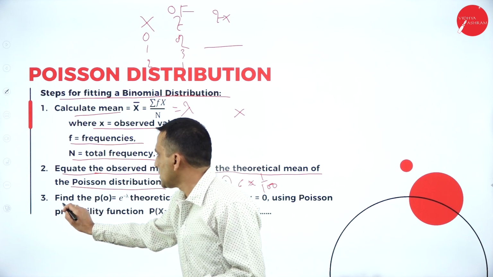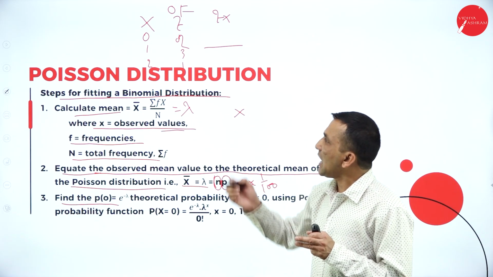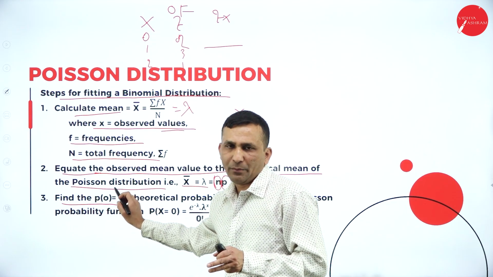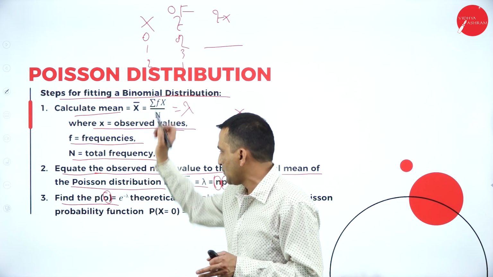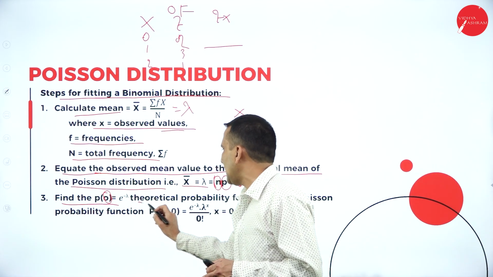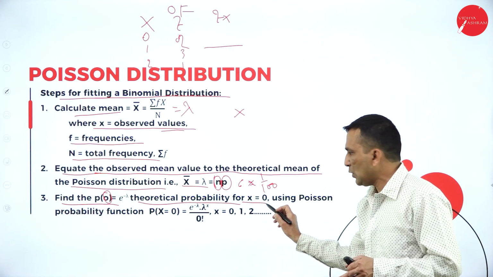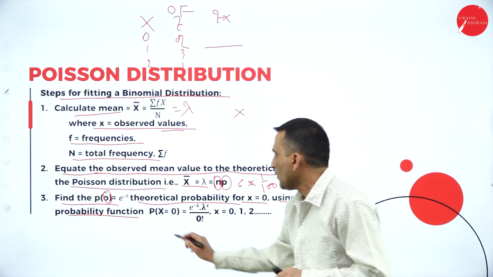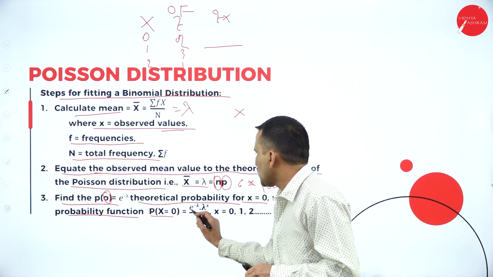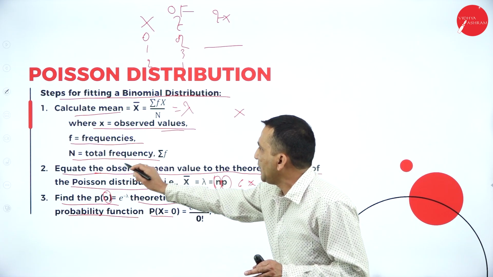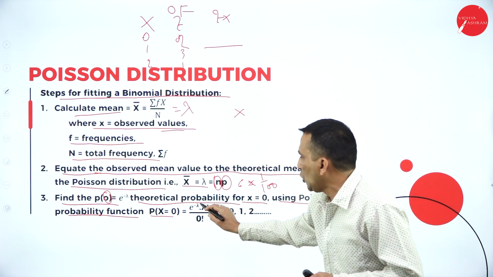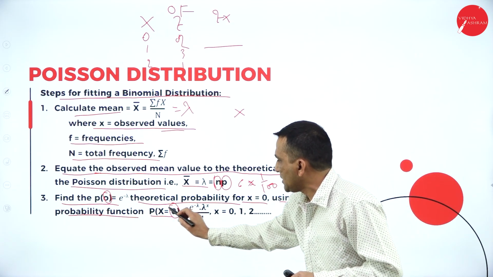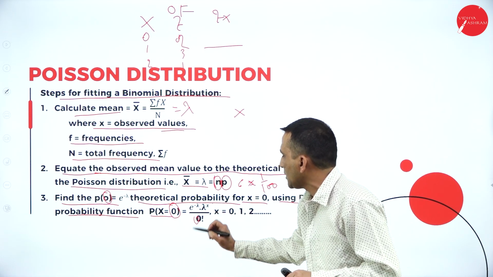Now the third step, find P of 0, because the X series starts from 0. Using the probability mass function with the first value 0: e to the power of minus lambda, the theoretical probability of x equal to 0. Using the Poisson probability function, P of x equals e to the power of minus lambda, with the value of lambda from the first step, into lambda to the power of x, which here is 0, divided by x factorial, also 0.